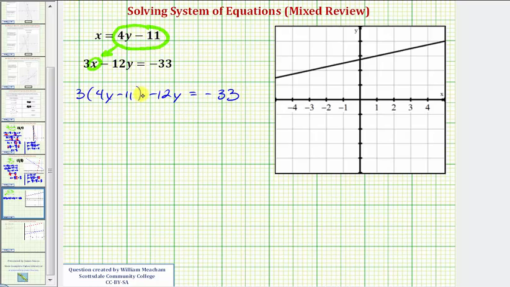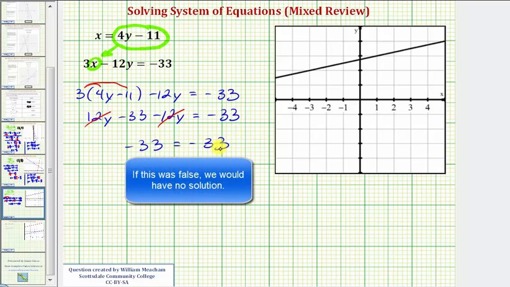Now we'll solve this equation for y. We'll distribute here. So we have 12y minus 33 minus 12y equals negative 33. Notice here when we combine the like terms, 12y minus 12y is equal to 0. So the variables are now gone and we're left with negative 33 equals negative 33.